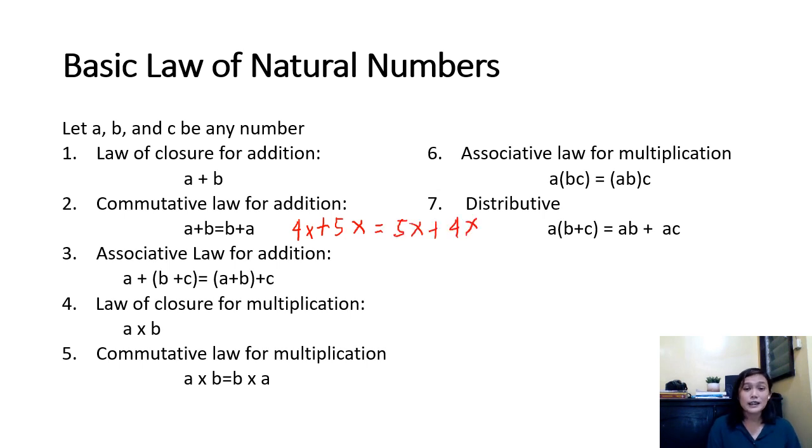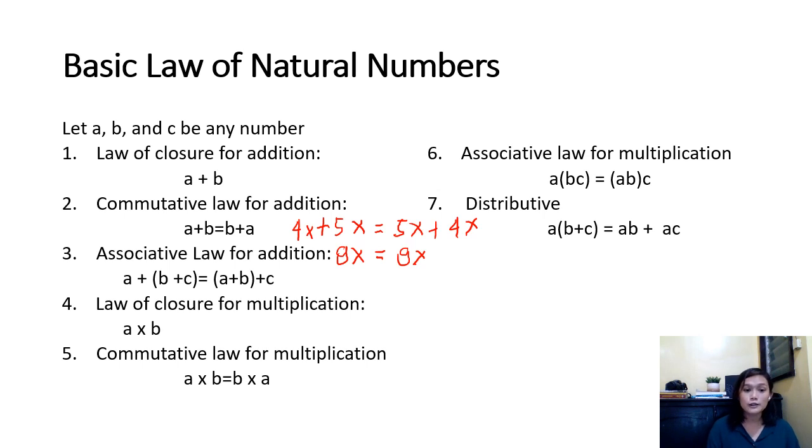You need to add 4x plus 5x, and the value here is equal to 9x. At the same time, on the right side of the equation, we have 5x plus 4x, which is still equal to 9x. This is how you do the commutative law for addition. Even if you reverse the order, you still get the same value.